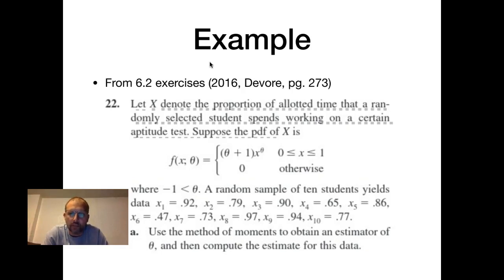A random sample of 10 students yields data. We're trying to make an inference about the population, all of the students. We could say there's 10,000 students, 1,000 students, but we're just taking a sample of 10, and we're going to use the method of moments to obtain an estimator of theta and then compute the estimate for this data.